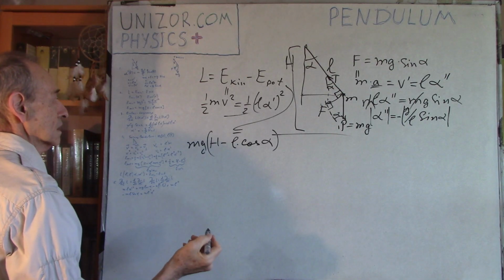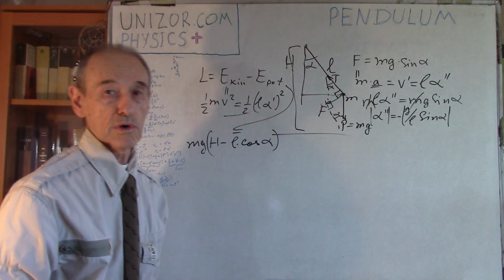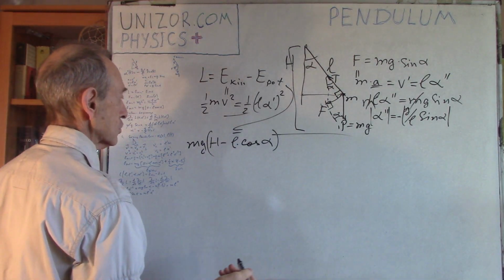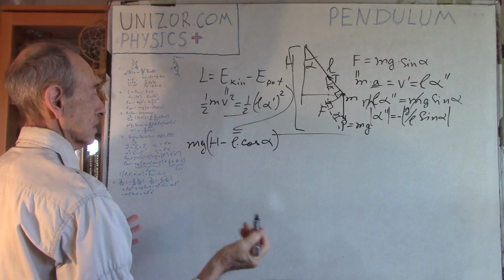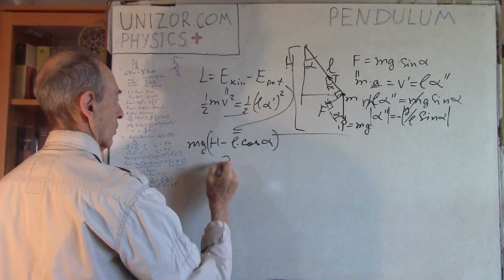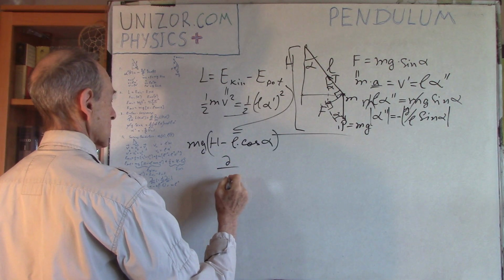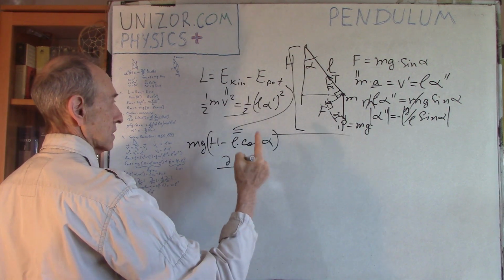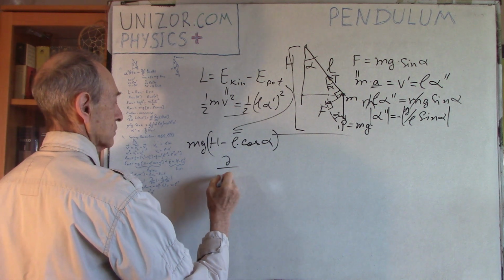Now, the next thing is to use the Euler-Lagrange equation, and that would be basically the equation of motion. The only variable right now which is changing with time is alpha.